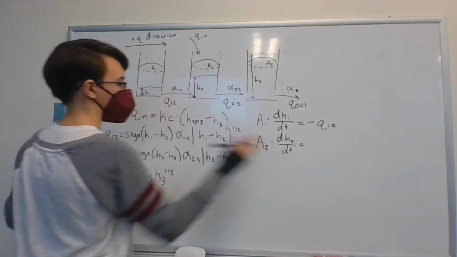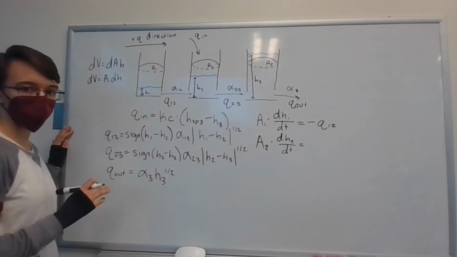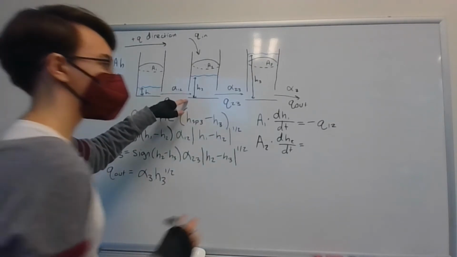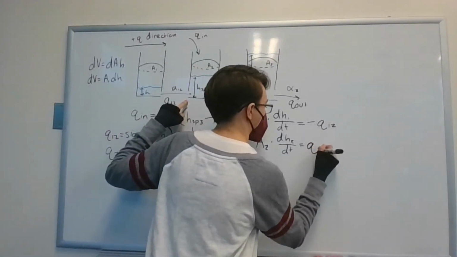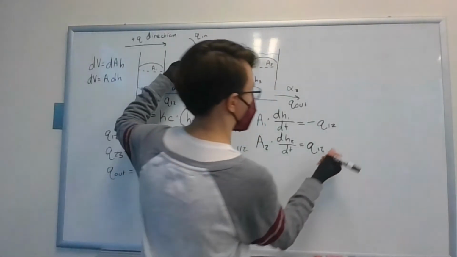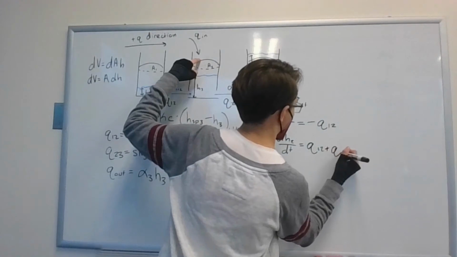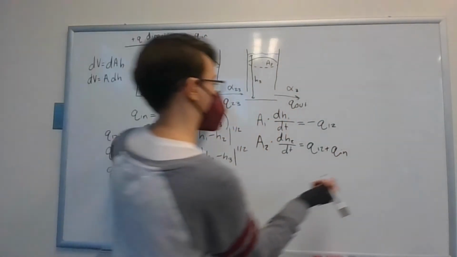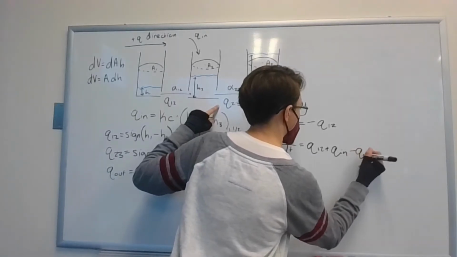That quantity is the change in volume in tank 2 with respect to time. Now we have Q12 going in, so that's a positive. We have Q in going in, so plus Q in. And then we have Q23 coming out, so minus Q23.